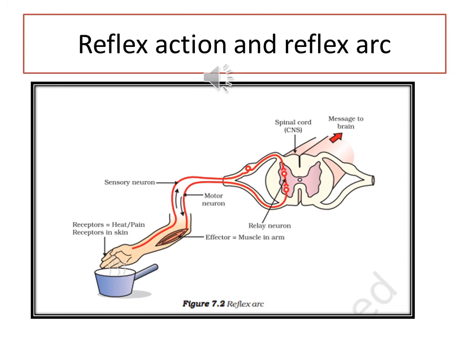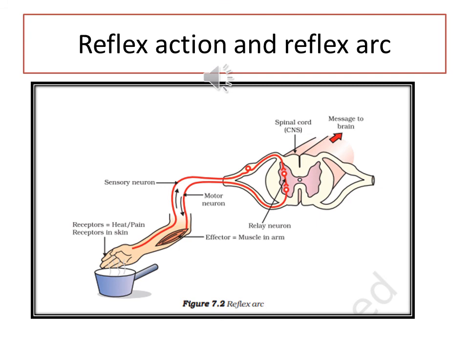The processing of information takes place here. A relay neuron decides something based on previous examples and past experiences, and sends information to the motor neuron.